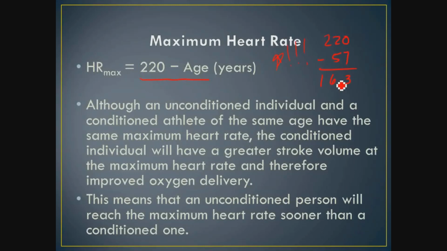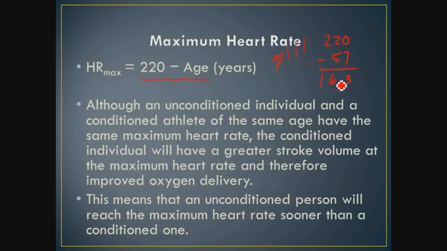Being the well-fit person that I am, not, I'm going to reach that 163 or approximate it much quicker than somebody who is a trained athlete at the same age. They're going to be able to go for a longer period of time before they encounter this. So that's basically the essence of what we utilize.